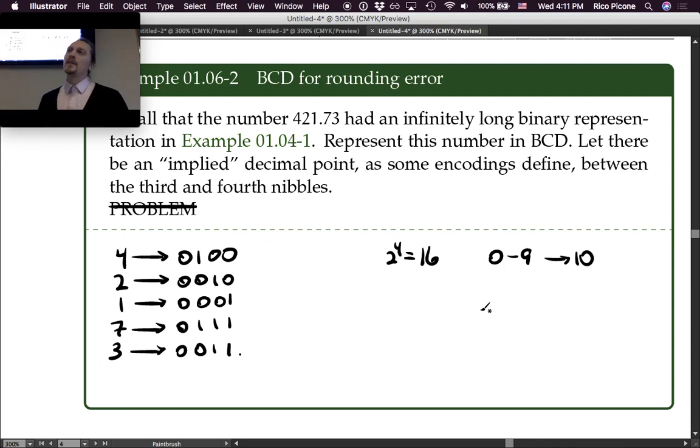Sometimes they have some actual representation in a given encoding. Sometimes there's actually something that we can use that for. Other times it's just wasted. So it's important to keep in mind. But that's the idea: you can represent this decimal number exactly. It costs you a little bit in your density of memory, typically.